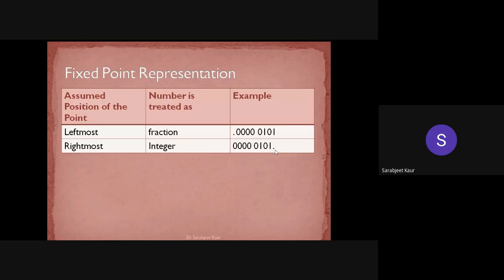We will see another representation, which is called the floating point representation. There we will see that the position of the point need not be fixed in advance.